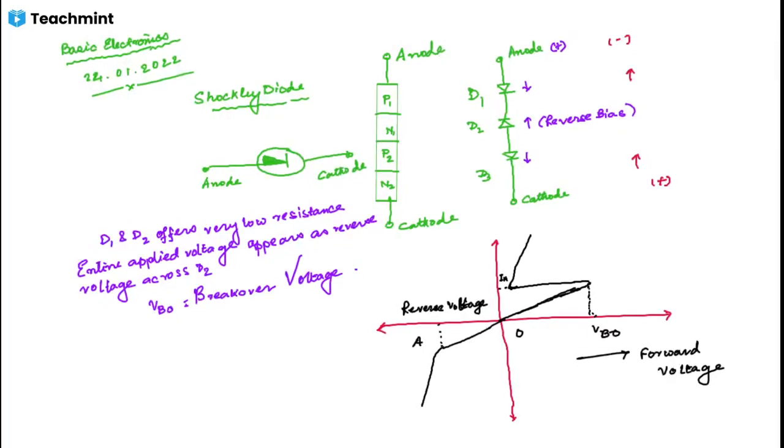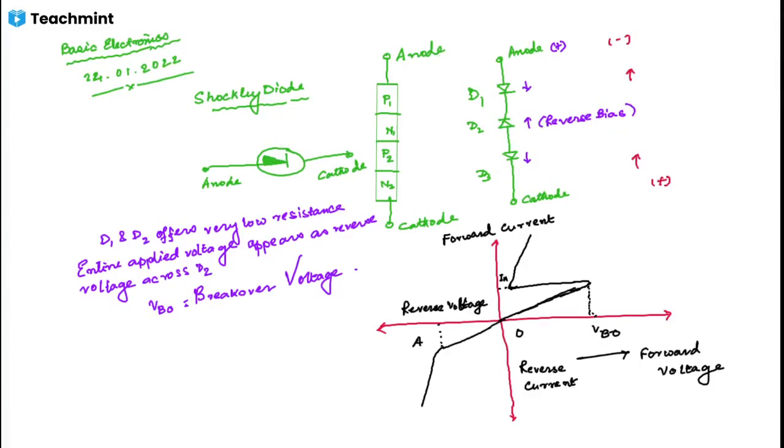This is forward current. This is reverse current. Okay, so this is the graph.